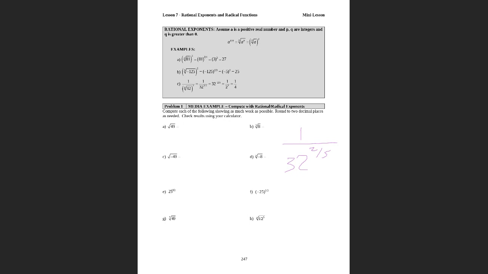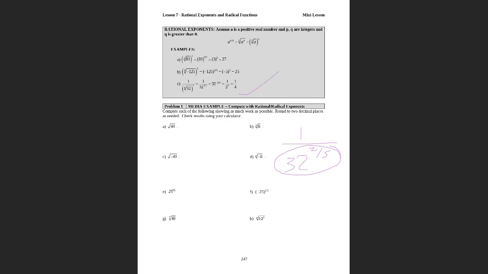So you put that in the calculator. You could solve this, and then 1 divided by whatever you get. So the fifth root of 32, and then you square whatever you get. And then you do 1 divided by that. So you could see that we had a quarter here.